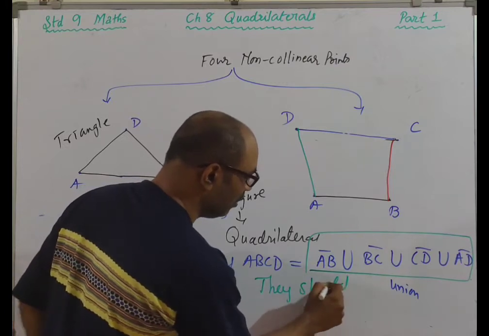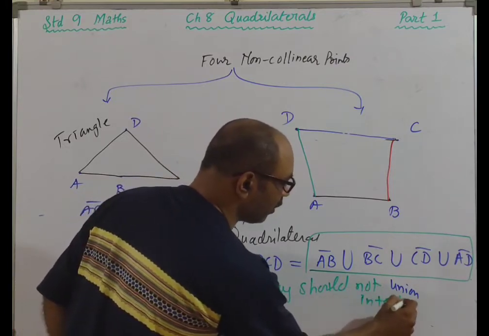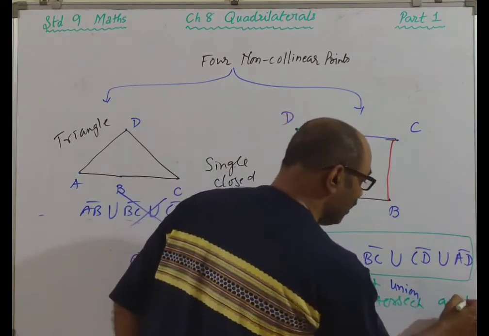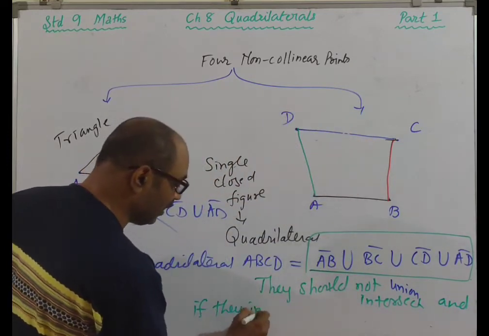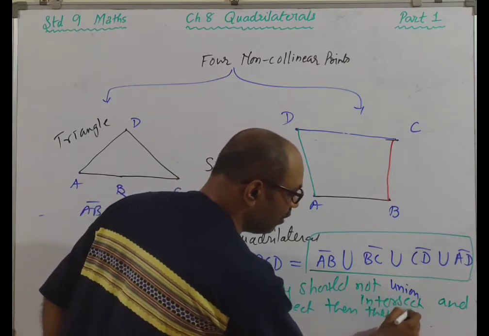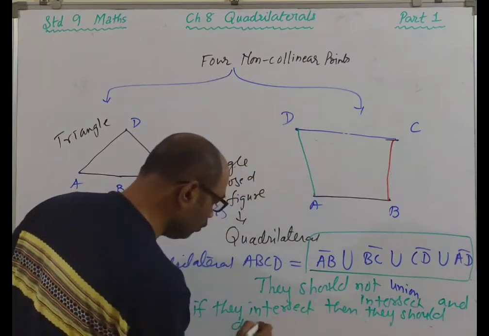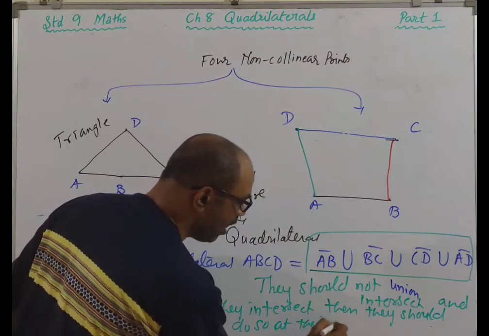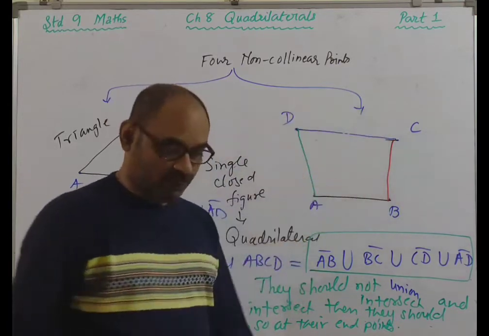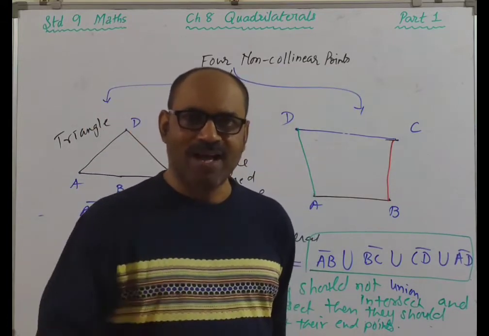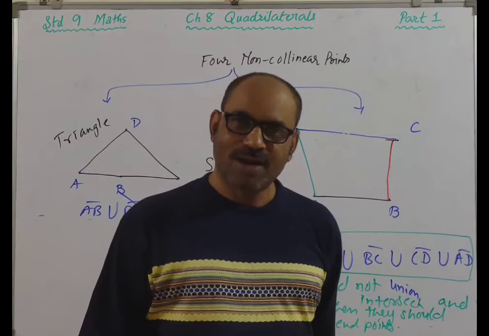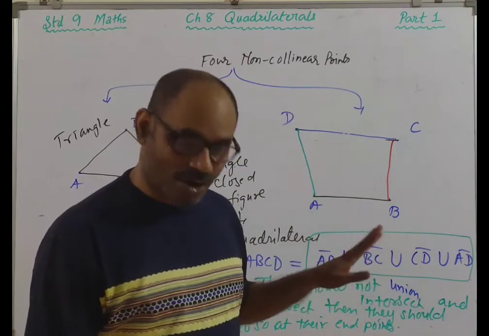But AB and BC do intersect. They should not intersect, and if they do intersect, they should do so at their endpoints. Only then is this closed figure called a quadrilateral. It is a little long but please understand. At the end of the session I will write the definition for you. I hope you have understood what a quadrilateral is.